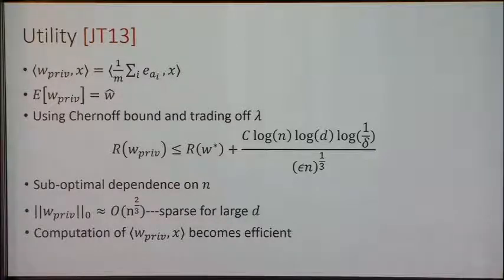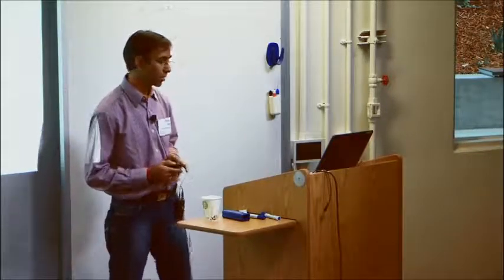This is very interesting because at prediction time the prediction cost is very small: I have to take just something like order n to the power 2/3 multiplications and add them, rather than doing order D computation. So rather than doing exact computation and then perturbing it, if we perturb our computation already, that might help in several aspects for differential privacy. For example, here it's helping in the prediction cost.